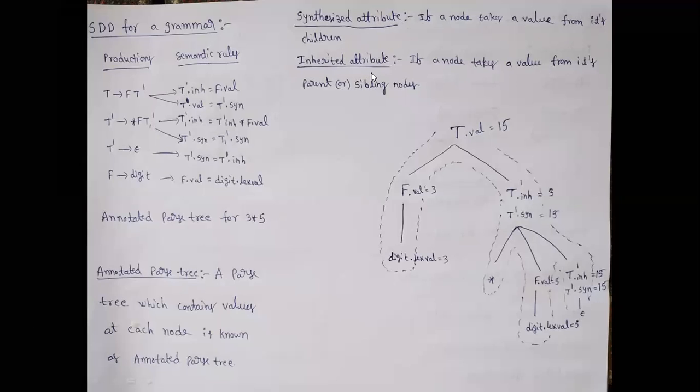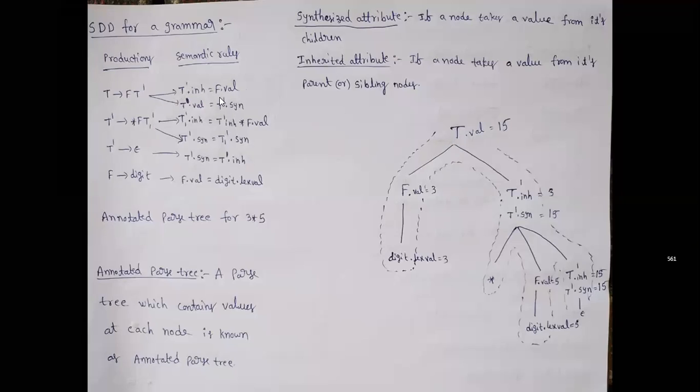Now we are constructing a parse tree for these productions, and then we are converting the parse tree into an annotated parse tree. So what is the first production here? T produces F T dash. Okay. So we are considering T produces F T dash. So T with F T dash. So in this how many semantic rules are here?